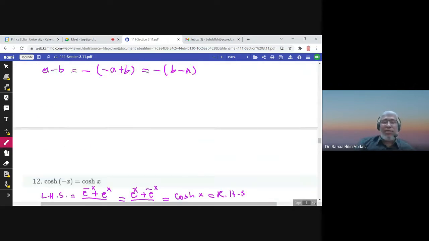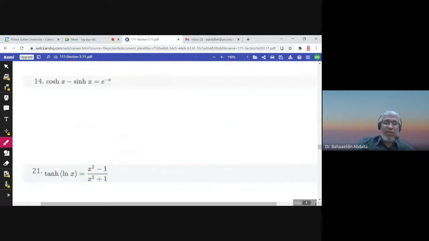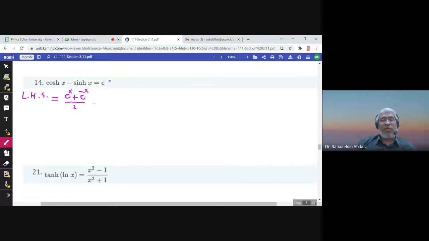Prove the identities, still with some exercises about more identities. Usually you start by the left-hand side. It has more work here. And write the definition of cosh. It is e to the power x plus e to the power negative x over 2. And write the definition of sinh. Okay, and try to add these two fractions and to try to get to the right-hand side. So I have e to the power x plus e to the power negative x. Negative times negative would be positive.